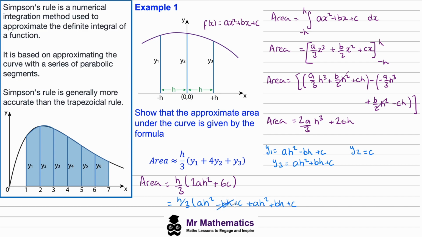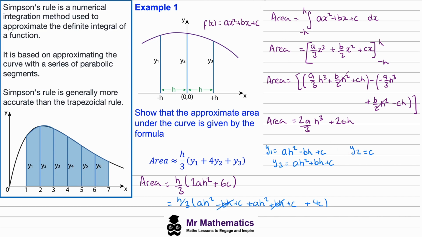This negative bh will cancel with this positive bh, and this c and this c will give us 2c. What we need is 6c, so we need to add on another 4c's. But we can have these 4c's by multiplying this y2 by 4.